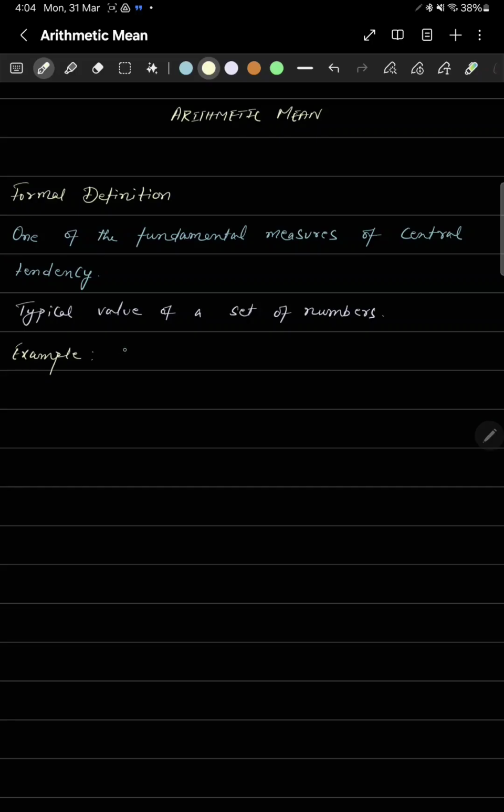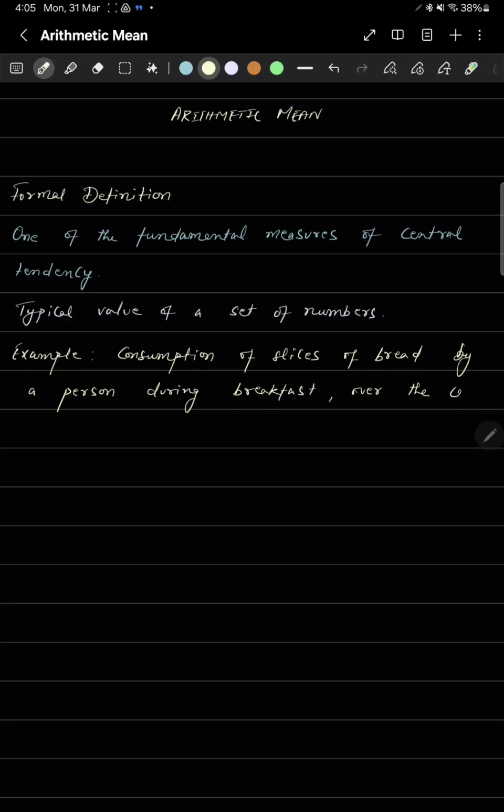Okay, so consumption of slices of bread by a person during breakfast over the course of 5 days.